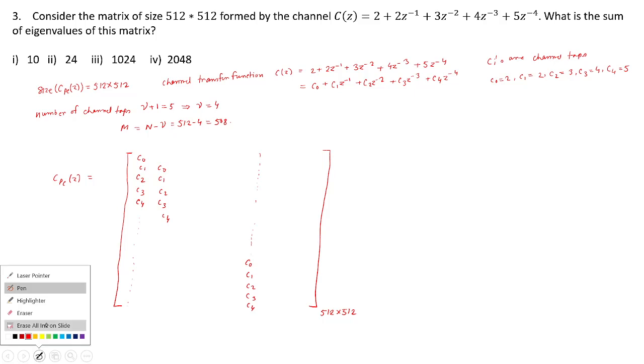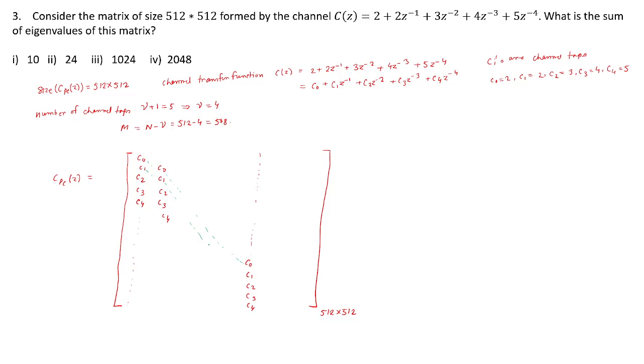It's a good way to visualize that all these C naughts lie across these diagonals, and these C1s across these diagonals.